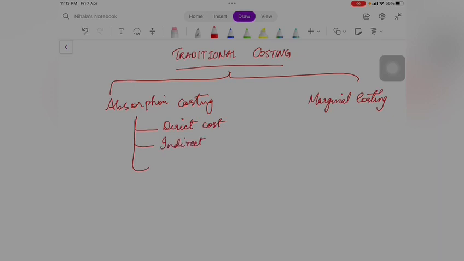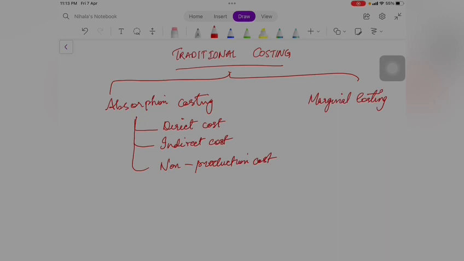So the second type of cost here is indirect cost. And the third type of cost is non-production cost. These types of cost do not directly involve producing the goods and services.